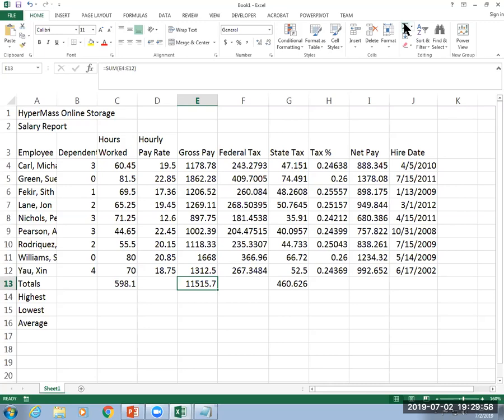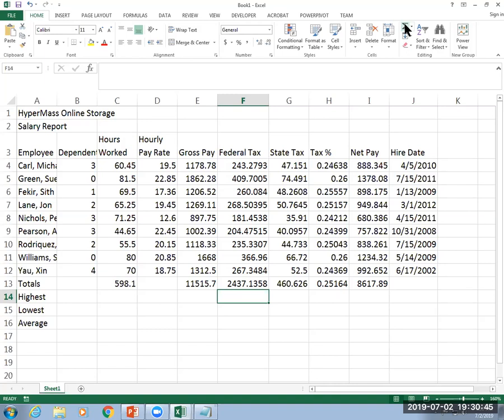And we get 11,515. If I do the sum on the federal tax, I get the federal tax.